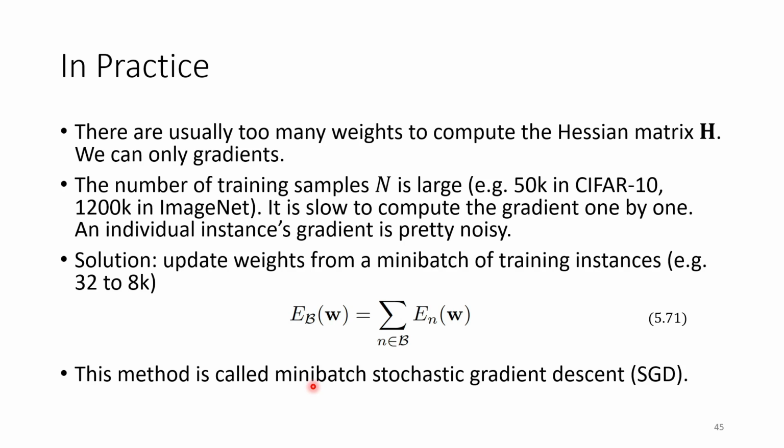Because there are too many instances to deal with for a neural network, we just use a batch of training instances and update our weight based on the batch, and this is called stochastic gradient descent.